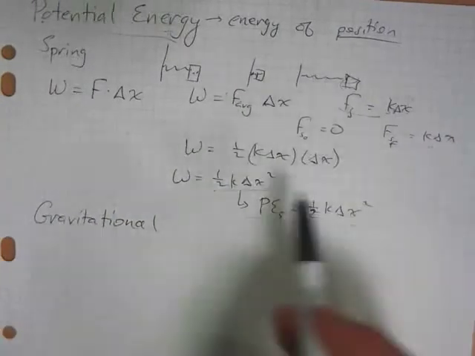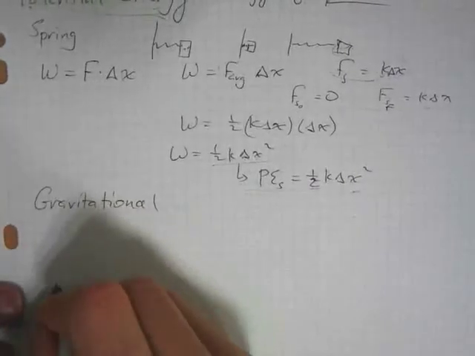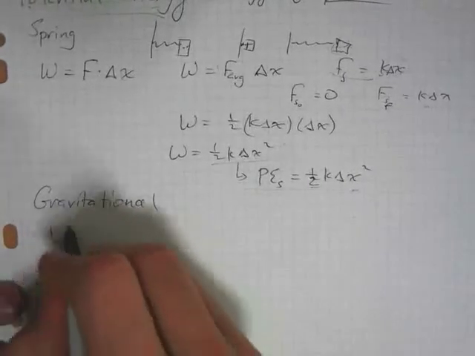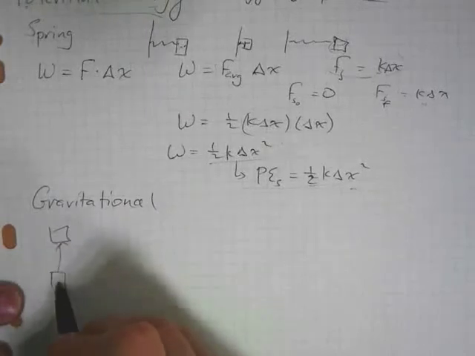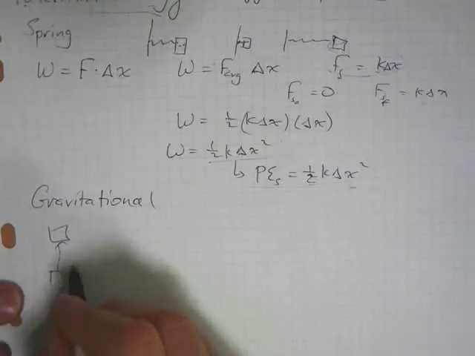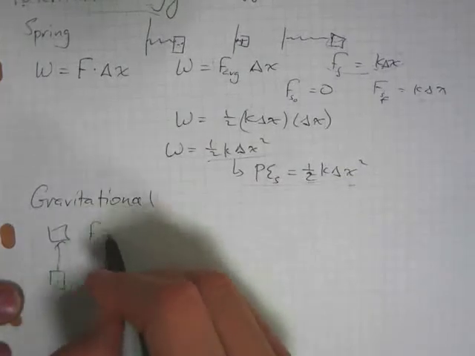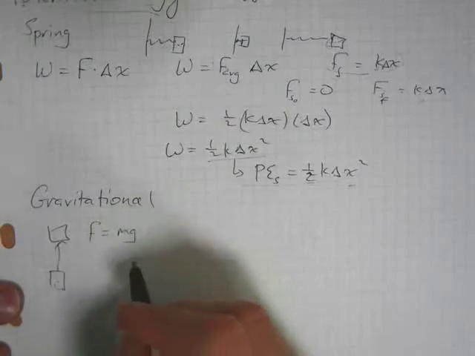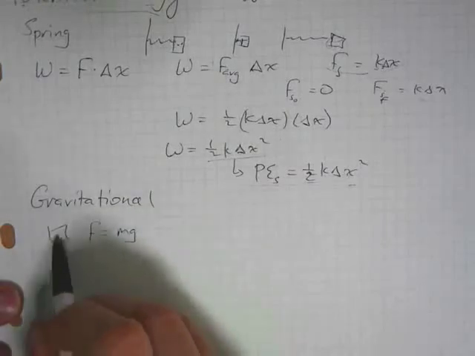And we know that to lift an object from here up to here, in order to move it up there, you have to exert a force equal and opposite to its weight. So the force you apply is mg. The amount of work you do is positive when you go up, negative when you go down.